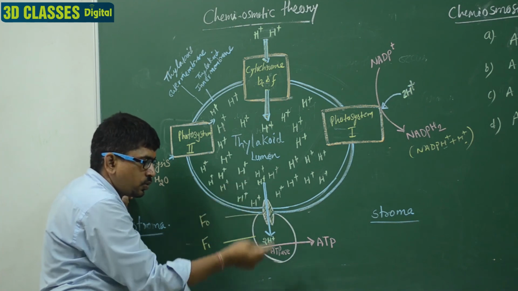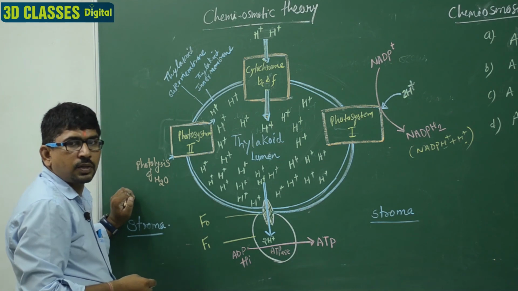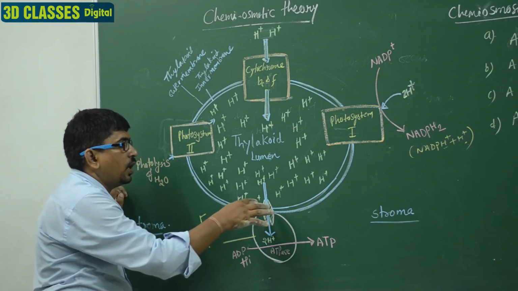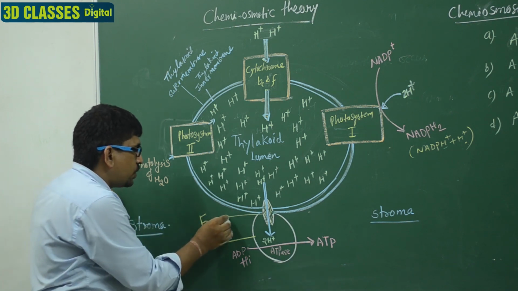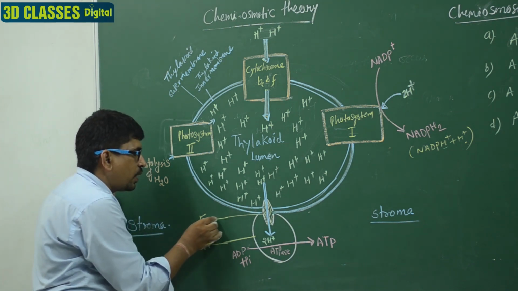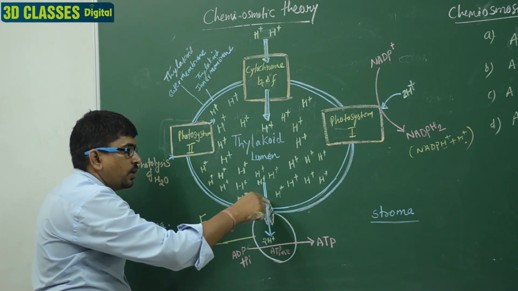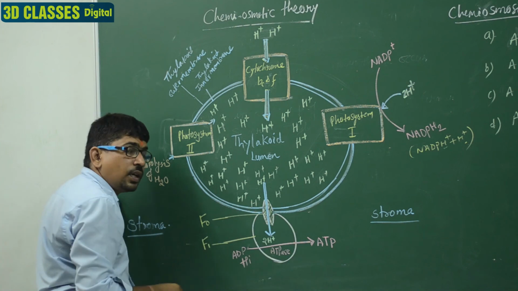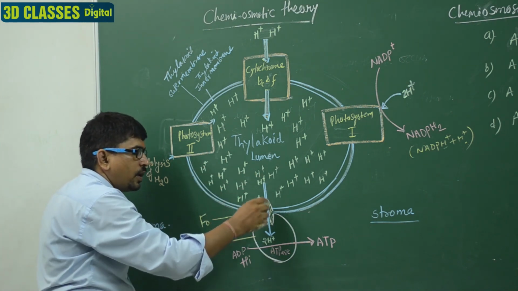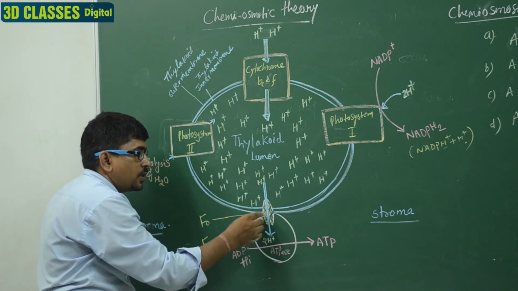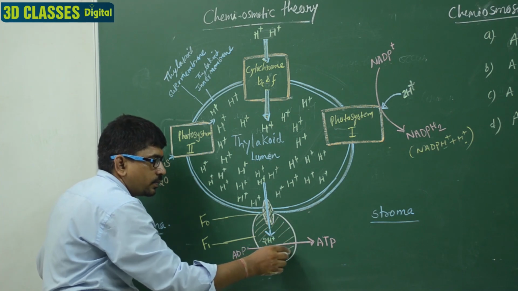It means from the lumen to the stroma region, and this is known as the ATPase complex. It has F0 and F1 present. This is part of the ATPase enzyme complex. So this F0 works as a channel for diffusion. The protons move through this channel and release energy, and this energy is consumed by the F1.